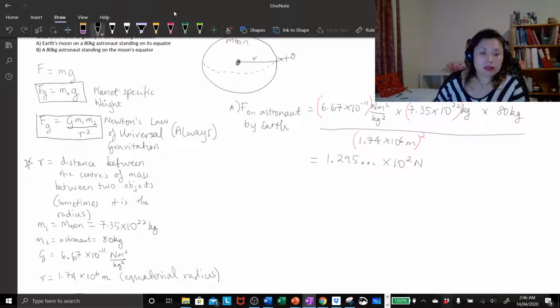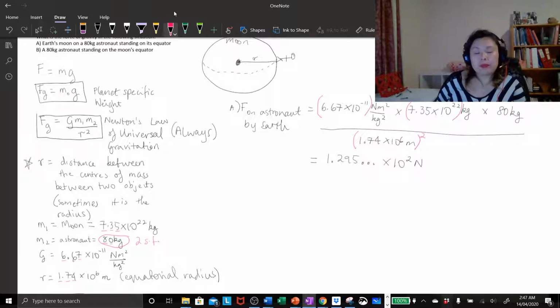Now, let's have a look at our original data. Let's figure out our significant figures. So the mass of the moon, 1, 2, 3 significant figures. The astronaut, it is 1, 2 significant figures. And then the gravitational constant is 1, 2, 3, and your distance between the two centers of masses is 1, 2, 3. So the 80 kilograms is 2 significant figures.